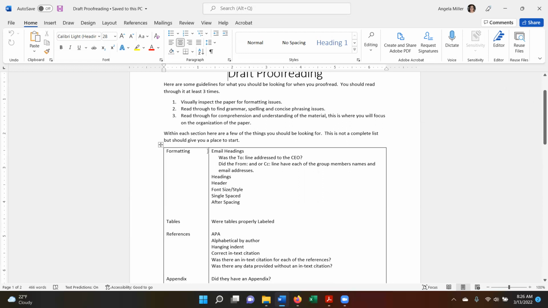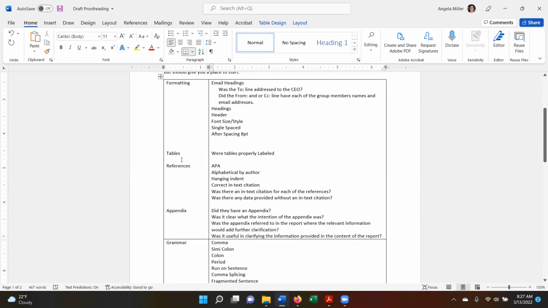Okay. So, obviously we have what you would normally look for: your heading, email heading, make sure it reads right. You want to make sure that the font's right, single spaced, after spacing. Remember, should be 8-point after spacing. You want to make sure that the tables are properly labeled.